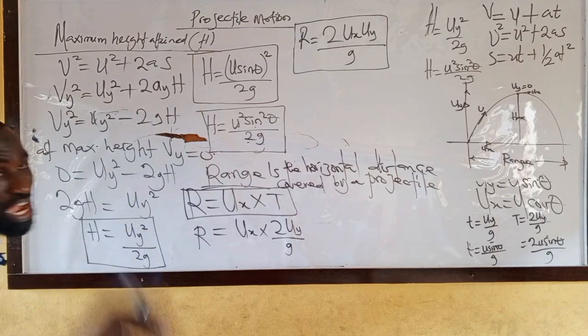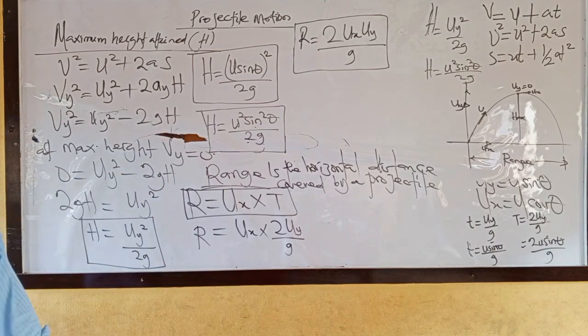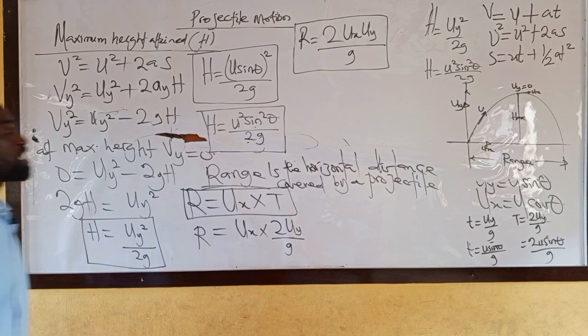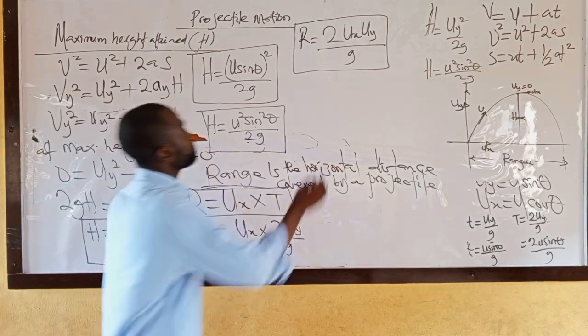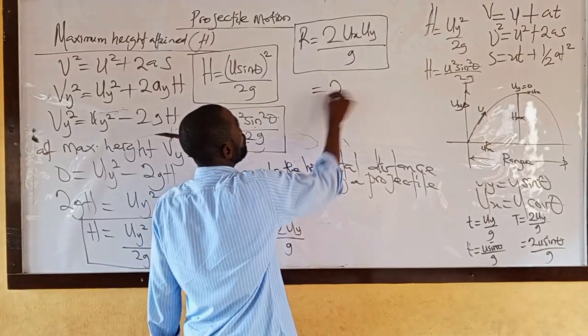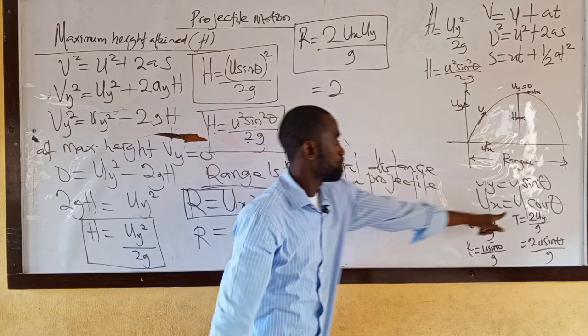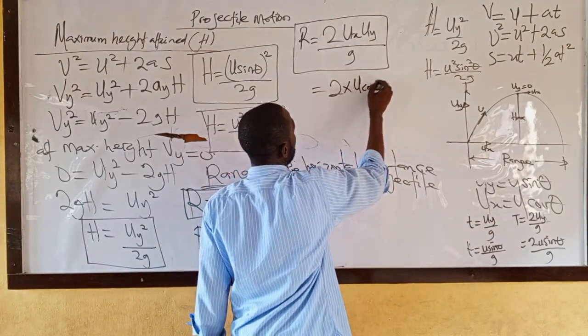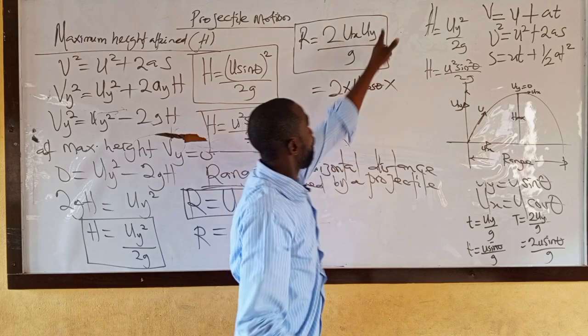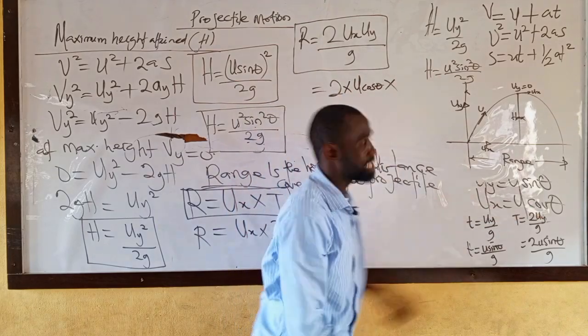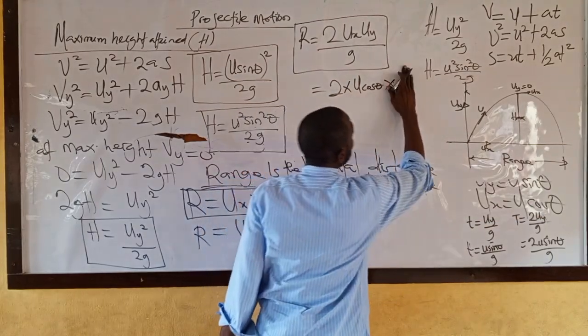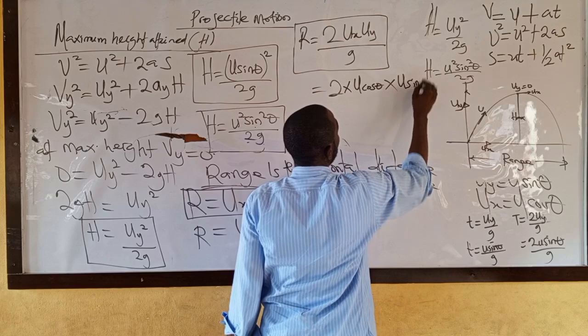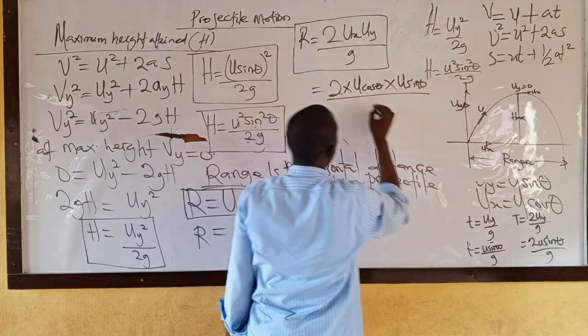If the angle is now involved, what will happen? Are you with me? If the angle is involved, I'll have 2 times u_x, which is u cos theta, times u_y, which is u sin theta, all over g.